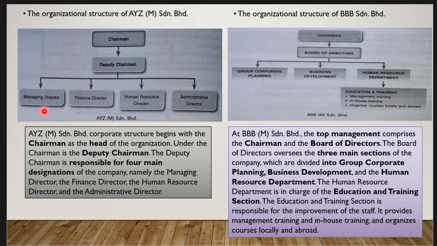After that we have these four people: managing director, finance director, human resource director, and admin director. This group answers to the deputy chairman as well as the chairman. So if the chairman asks them to do anything, they have to do it.